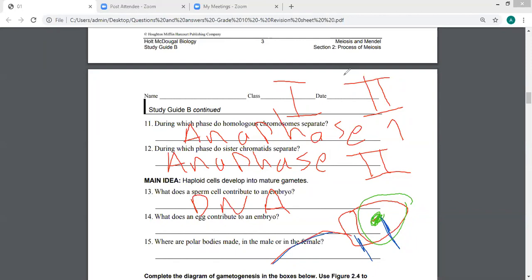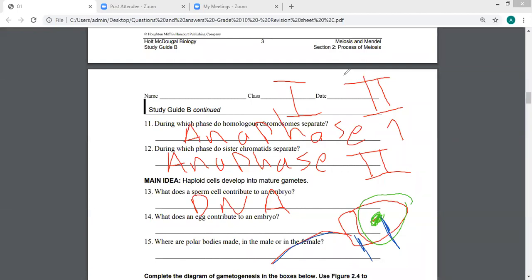Okay. So now, which one contains the organelles, the head of the sperm or the egg? And we know that the egg saves all of its components. So the embryo gets the organelles from which one of them?